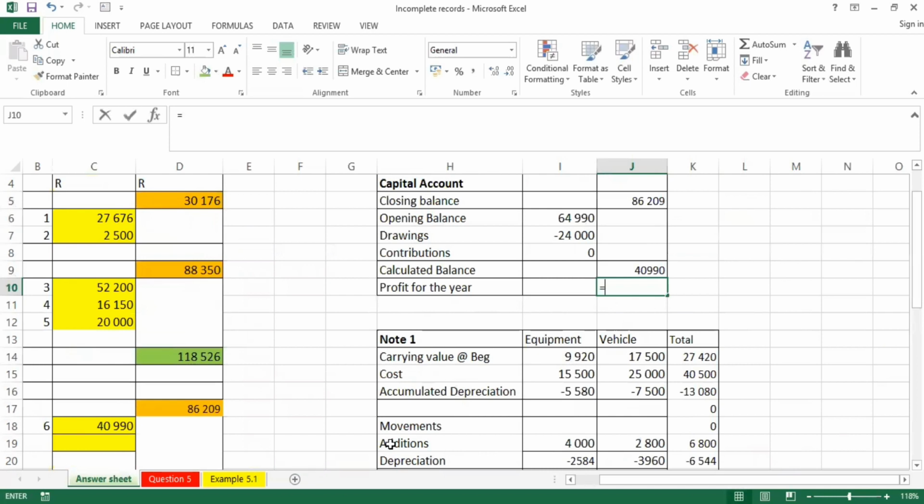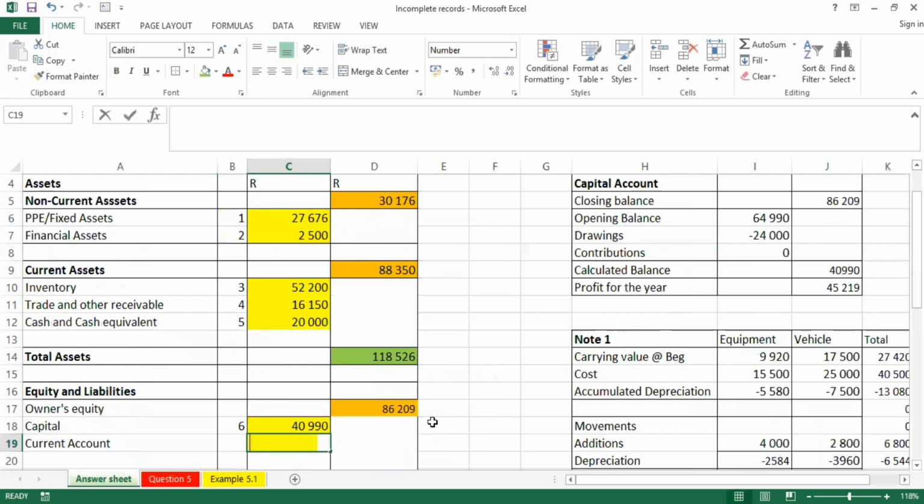Our profit for the year is this 86,209 minus this calculated balance, which gives us 45,219. That's the amount for your current account. That's your net profit.